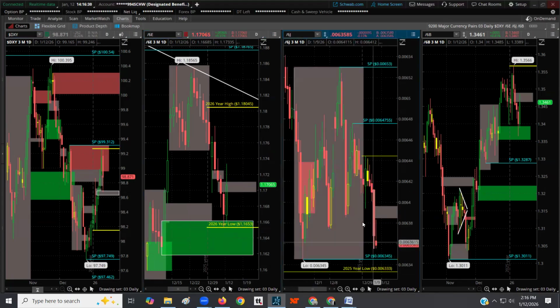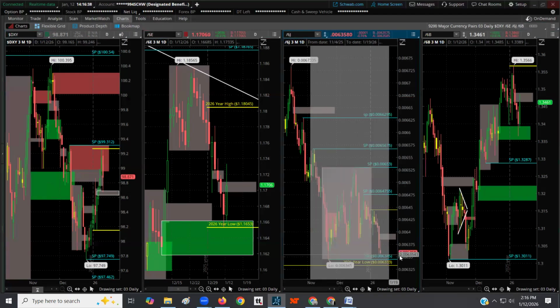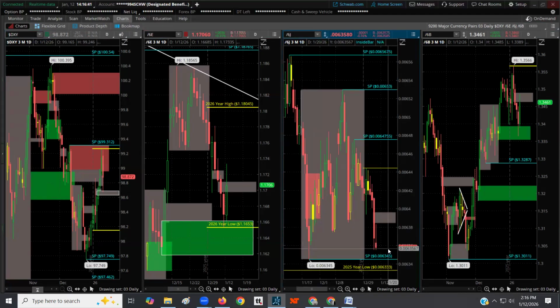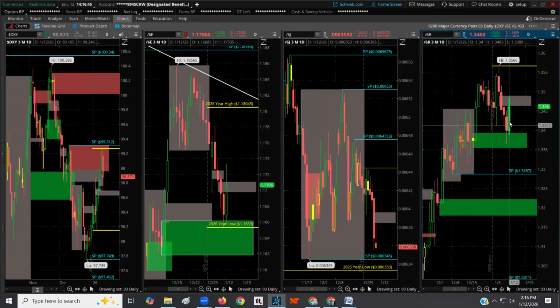The Japanese yen, lower low, lower high, new low for the year. Huge consolidation. And the far right, the British pound. Higher high, higher low. Similar to the euro. So again, they are not all trading the same. They represent a big part of the dollar.